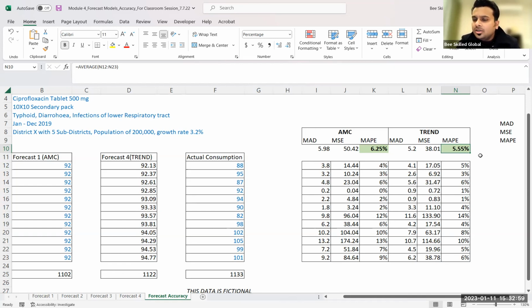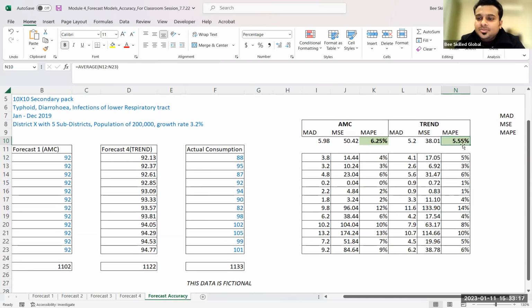However, trend analysis has proven to give better forecast accuracies than using AMC or anything else. So in general, trend analysis is better. So in this case also, we have shown that it has slightly better accuracy, 95% compared to 93% accuracy of using the AMC forecast.